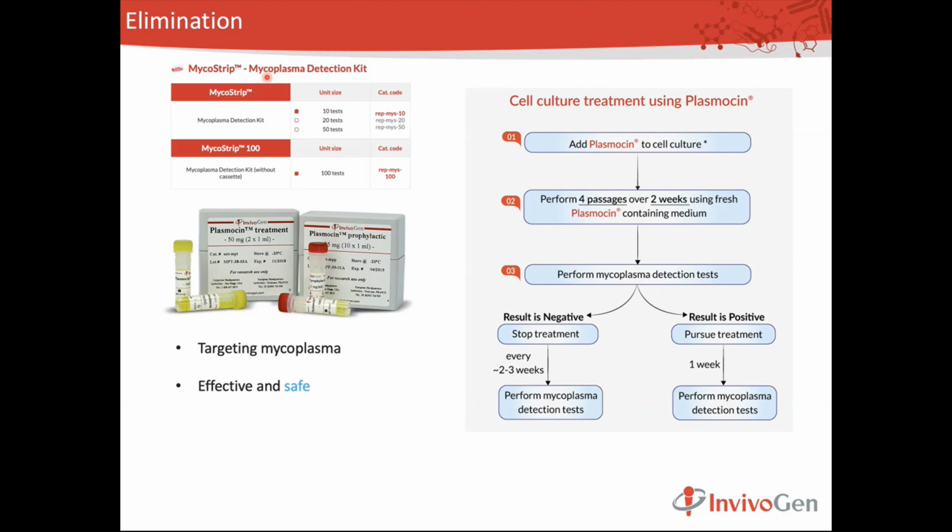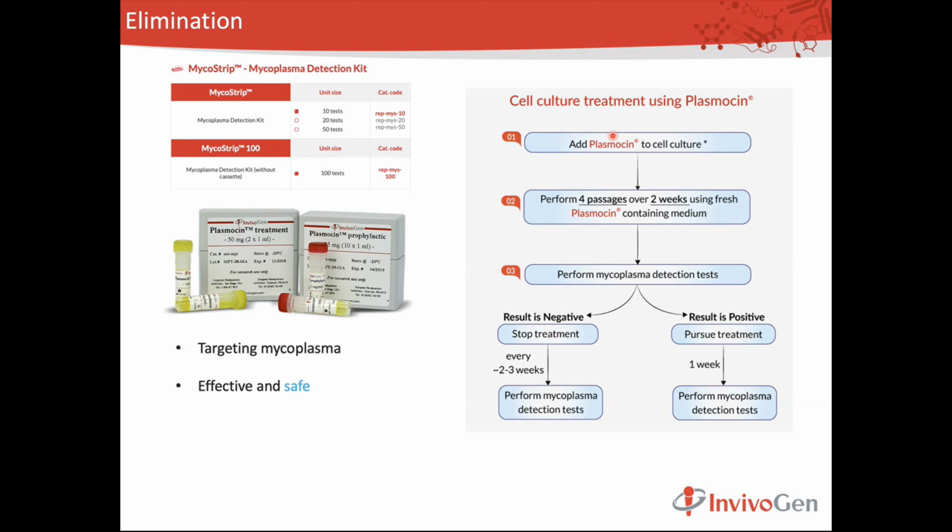So for mycoplasma elimination, we have this Plasmocin, which is the best seller of all our products. So this is well trusted by our customers and well cited in the publications. It's targeting mycoplasma, effective and safe. And this is the general treatment using this drug.